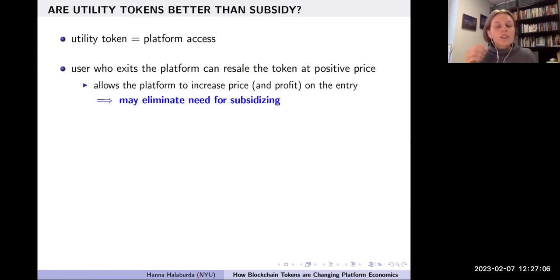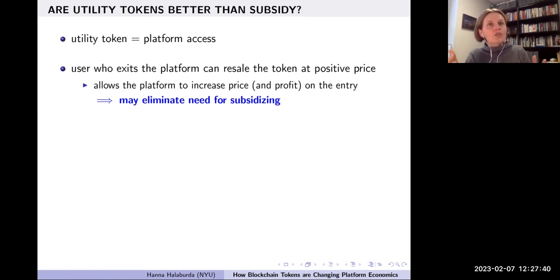Okay, and it allows the platform to increase the price and their profit when they enter. And this is because a user can say, well, if I don't like the platform, then if I exit, I get something out of it. So on expectation, trying the platform is lower cost, even if there is cost to trying the platform and learning the software and everything, they are willing to join at the lower subsidy, and maybe even subsidy is not needed.